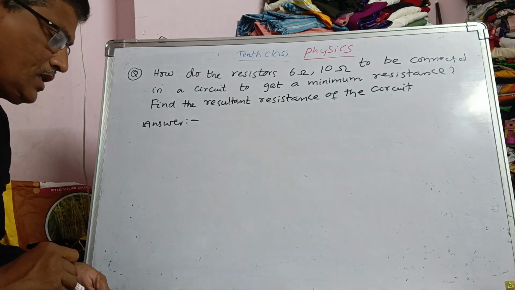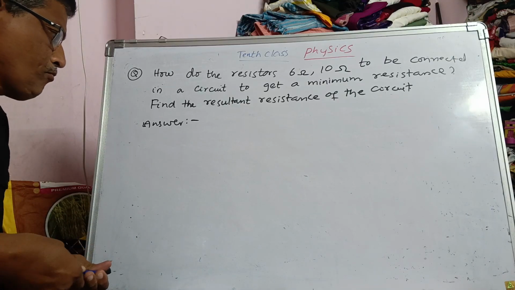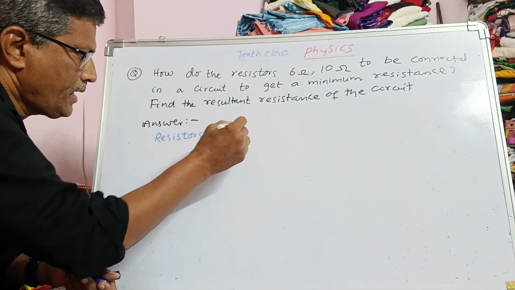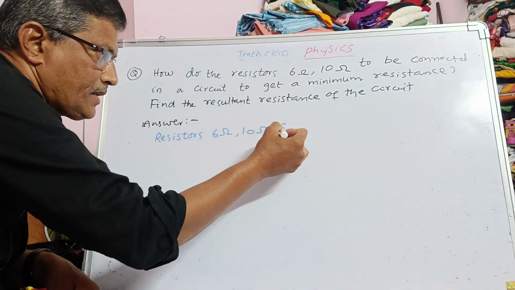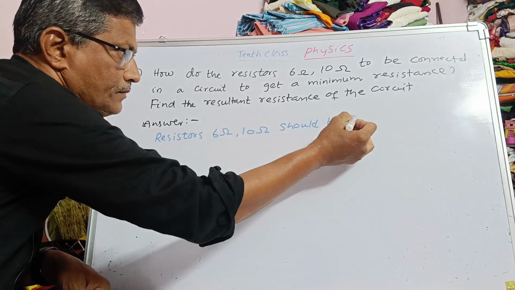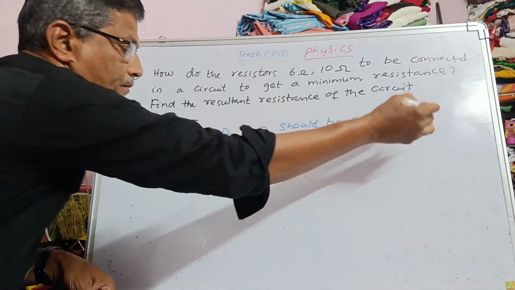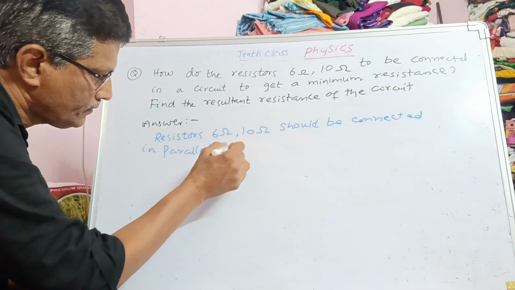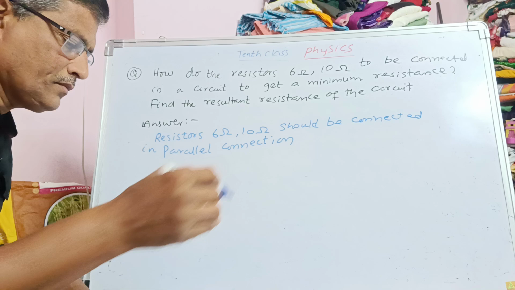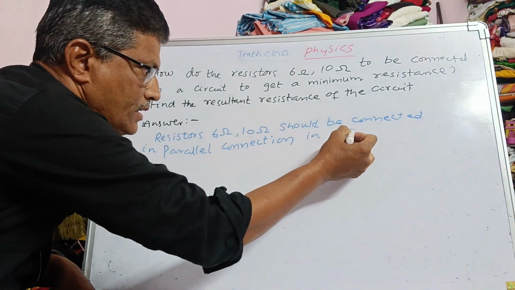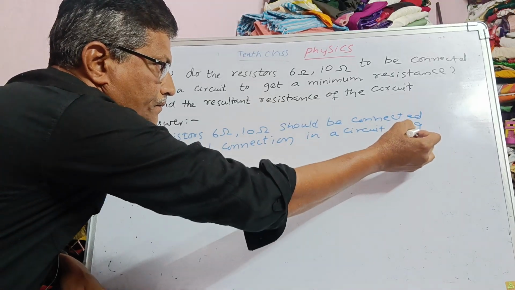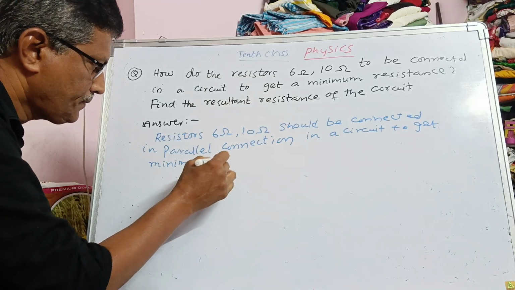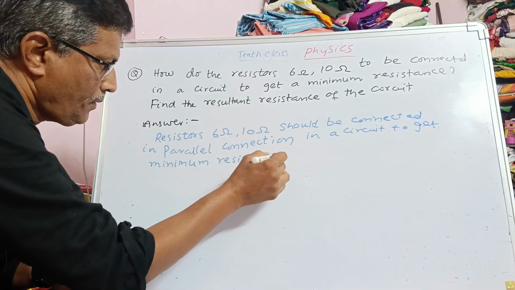First question. The answer is resistors 6 ohms, 10 ohms should be connected in parallel connection in a circuit to get minimum resistance.